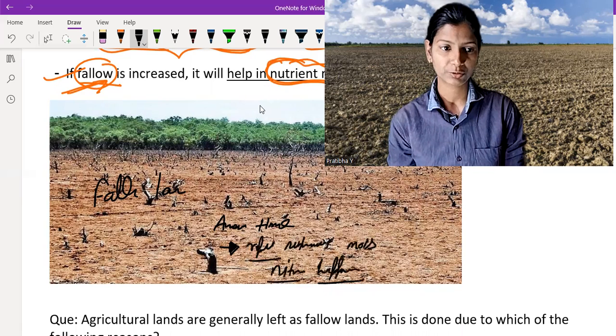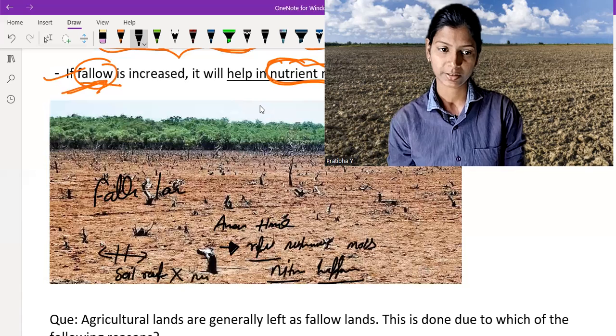If we reduce the duration, soil recuperation and nitrogen fixation do not happen. If we increase the time, nutrient replenishment happens automatically.